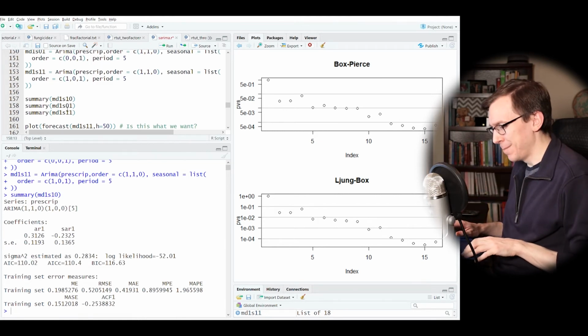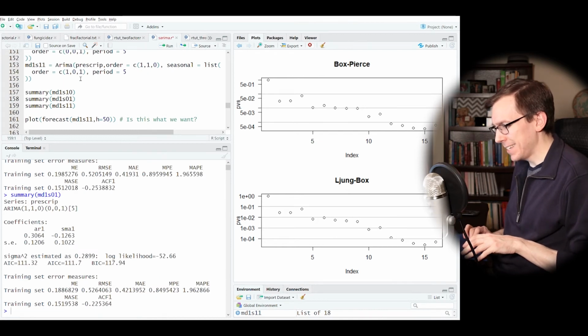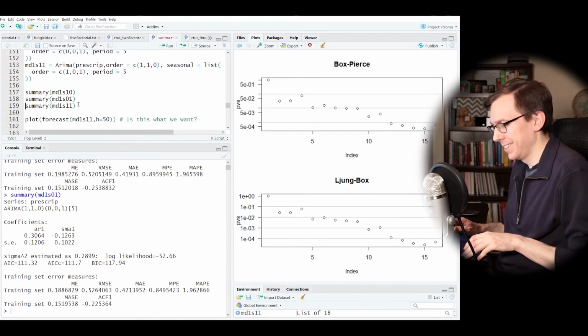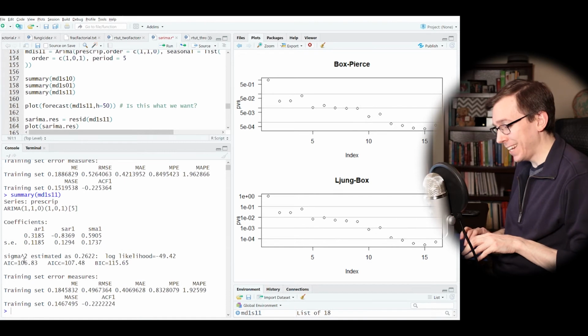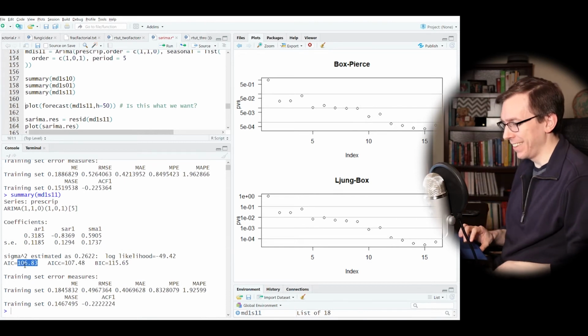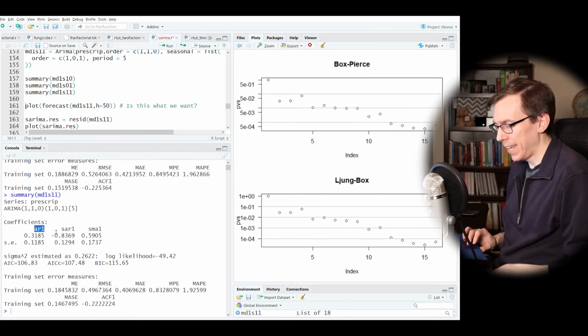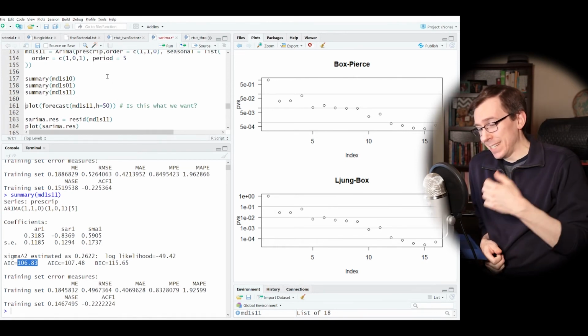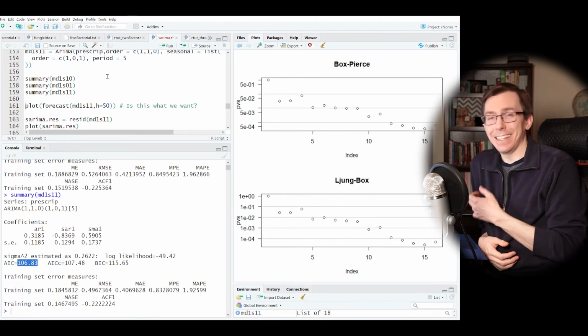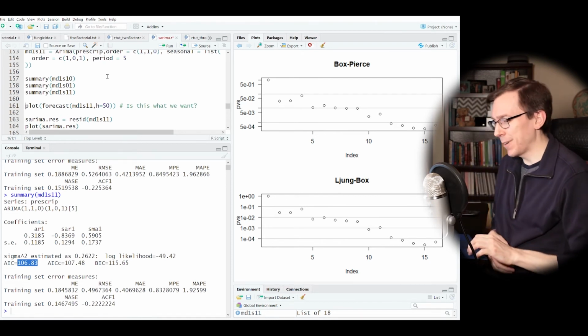That's kind of where we were before. Now we get an AIC of 111. That's worse. Ooh, an AIC of 106. So in this case, having a non-seasonal AR1 and a seasonal ARMA has actually given us a smaller AIC. That seems like it's giving us a good AIC. Let's try and forecast and see what happens.